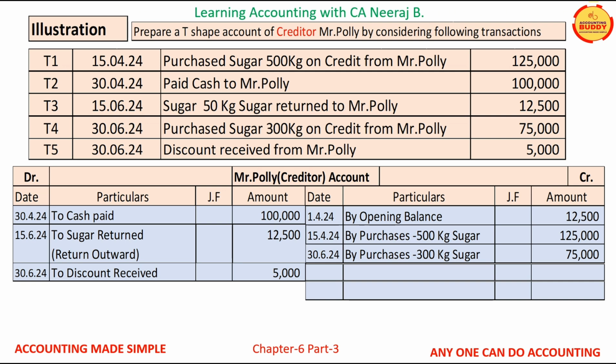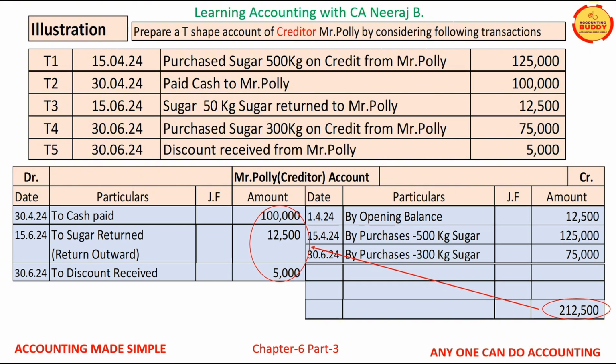Now, in this creditor account illustration, the credit side of the account is greater than the debit side. The total of the credit side of the account comes to 212,500. When the total of the debit side transactions is deducted from the credit side total of 212,500, we will get the balance carried down of 95,000 as on 30th June 24.